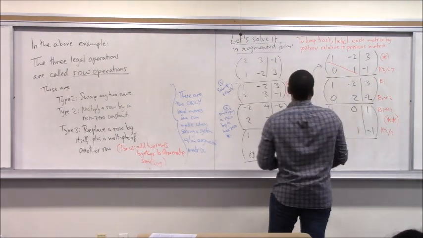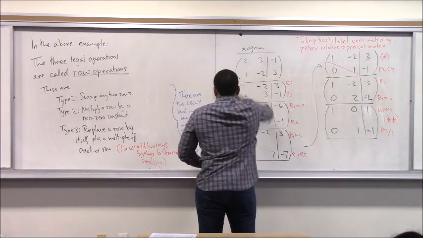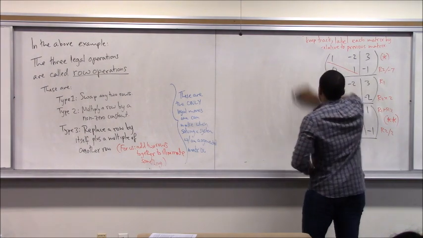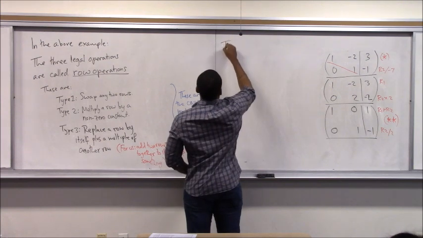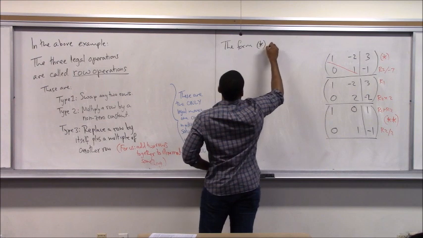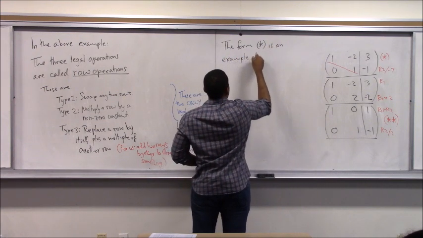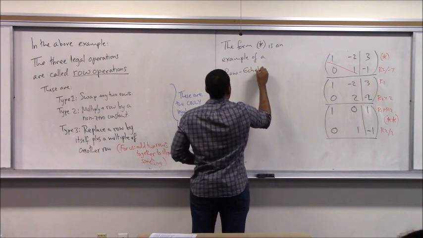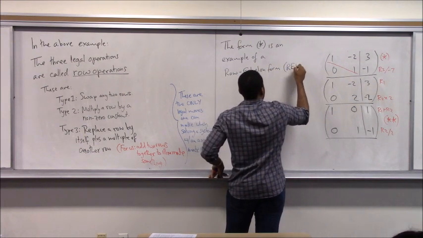Now, let's talk about these situations here, the star and the double star. These are called echelon forms, or they're examples of echelon forms. The form star is an example of a row echelon form, which I will abbreviate REF.